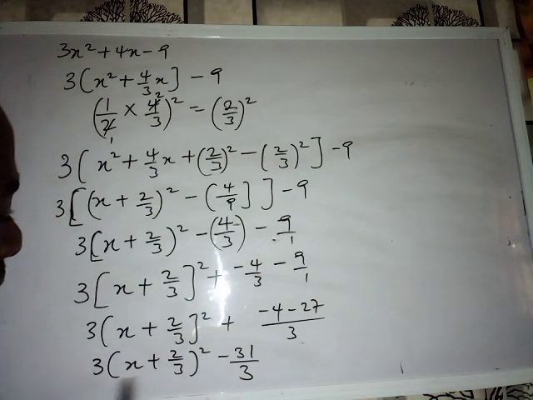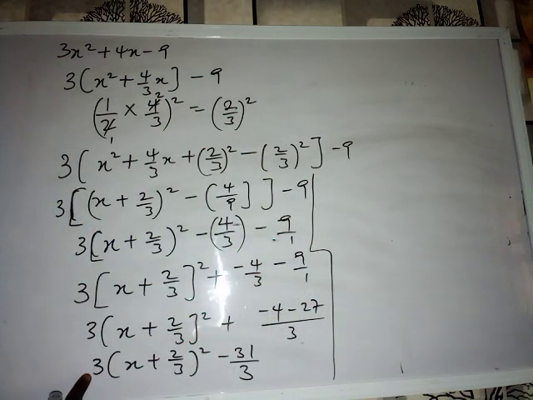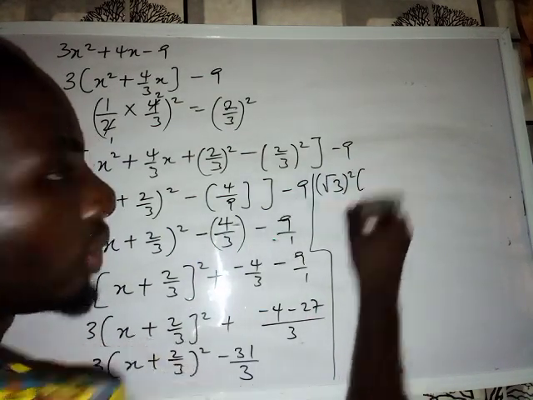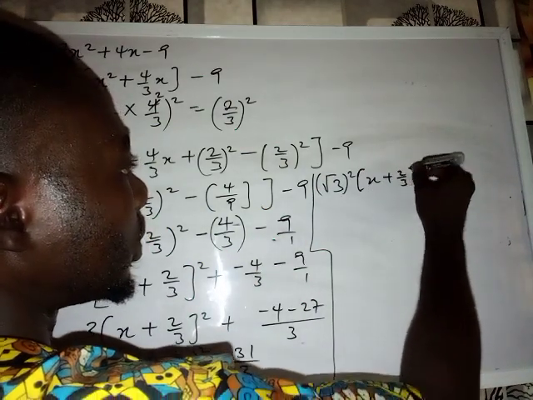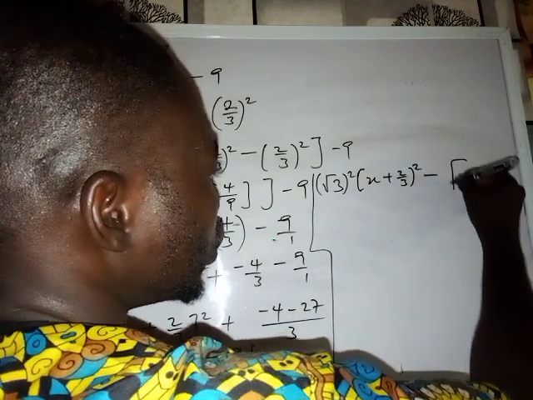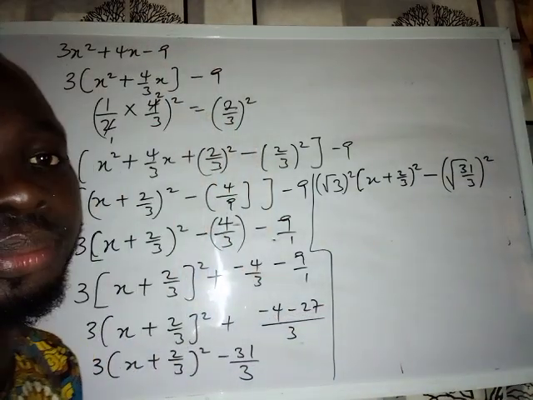So now we have to make them a difference of 2 squares. For me to make this one, I have to make this one a square. That will give me root 3 square into bracket x plus 2 over 3 square. Then this one, to make it square, gives me square root of 31 over 3 all square.